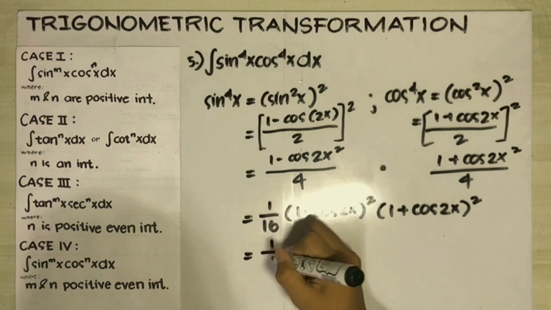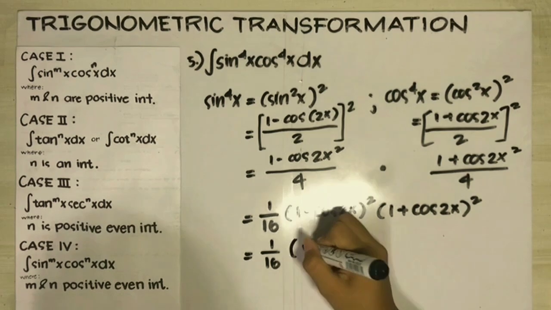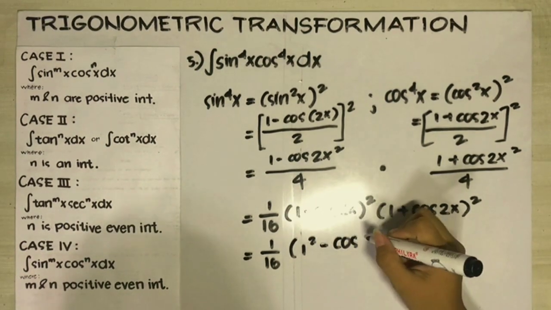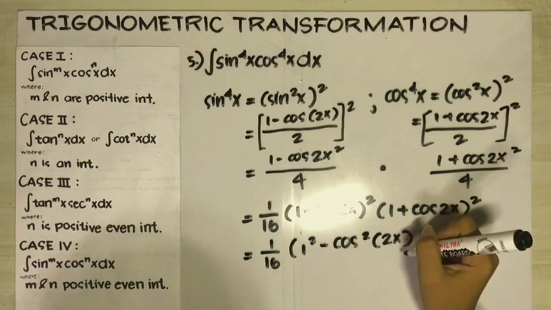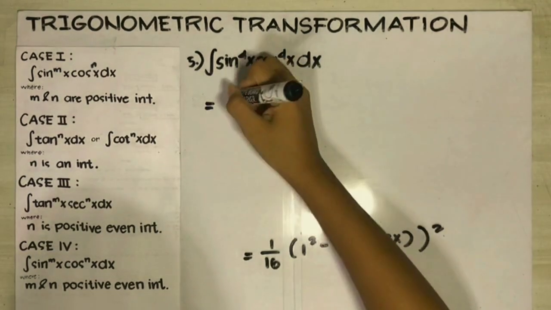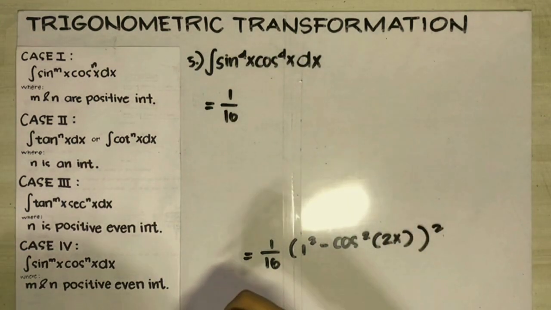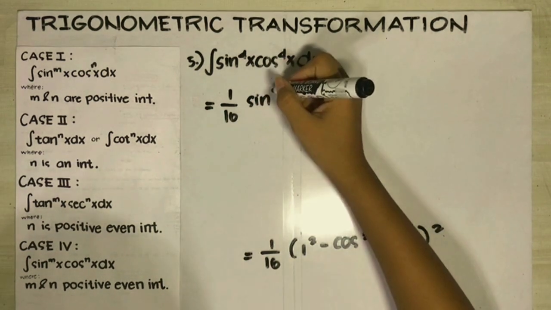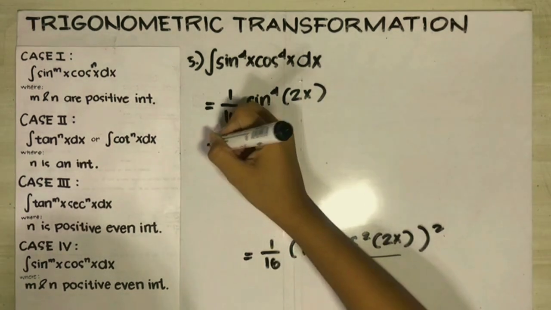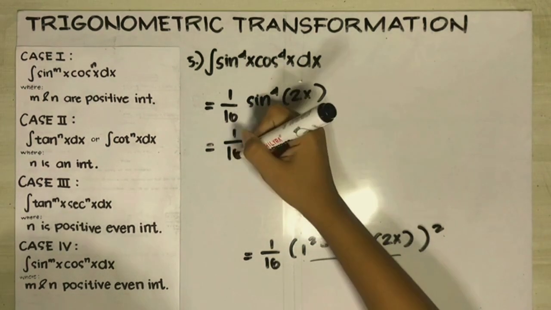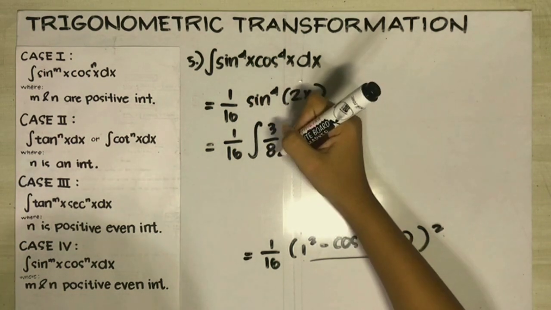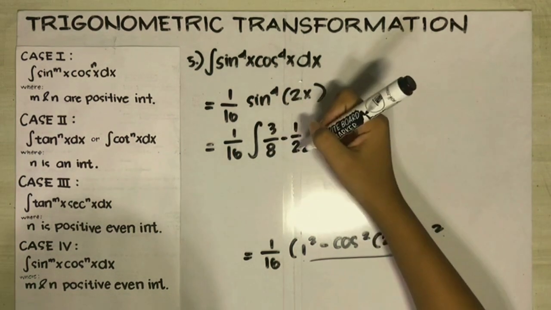And so this is equal to 1 all over 16 times 1 squared minus cosine squared 2x, squared, which is equal to 1 all over 16 sine to the 4th power 2x, which is equal to 1 all over 16 times the integral of 3 all over 8 minus 1 half cosine 2u.